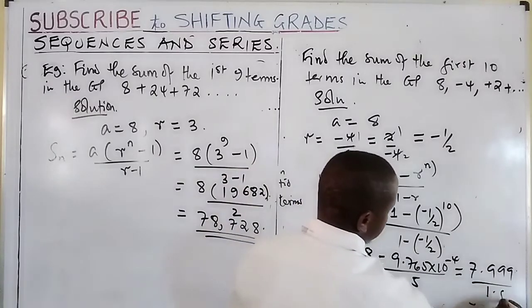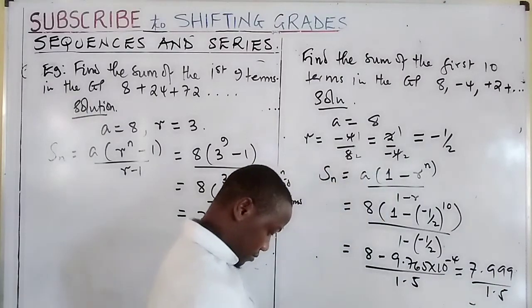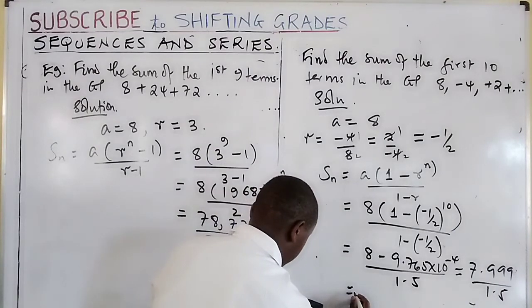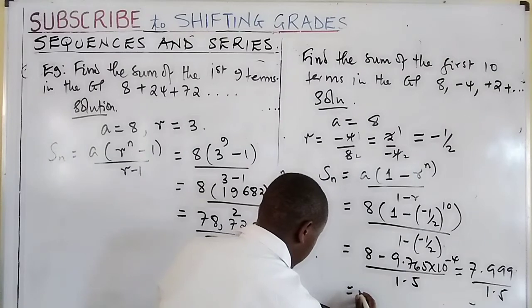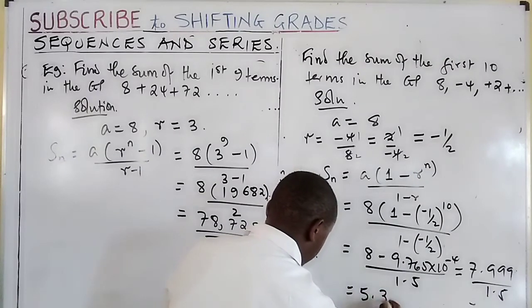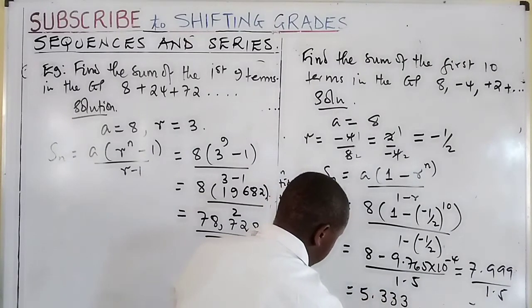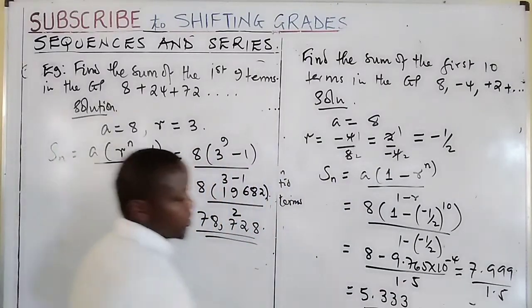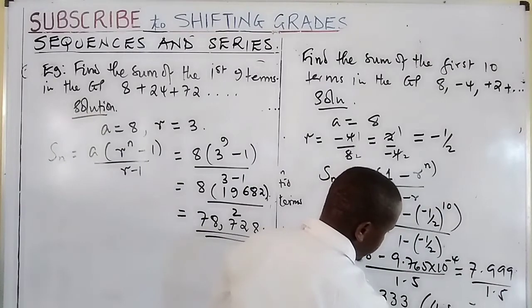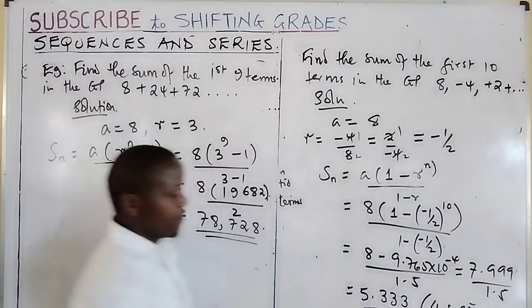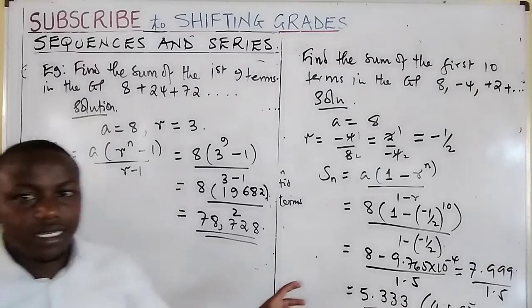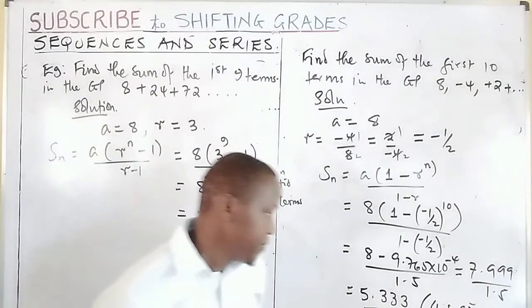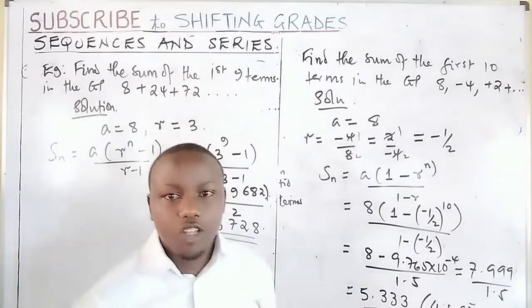Dividing by 1.5 will give us 5.333, to 4 significant figures. Therefore the first 10 terms in that series give us 5.33.